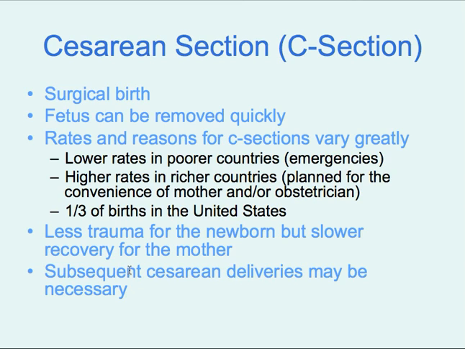Subsequent cesarean deliveries may be necessary. So in a lot of cases, if a mother gives birth through cesarean section to her first child, she'll need to have the infant delivered via C-section for subsequent children as well.